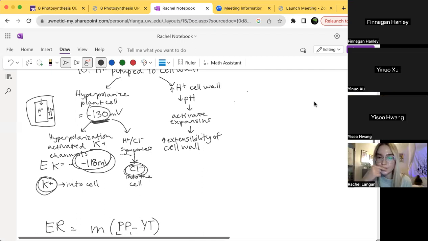My question is on the hydrogen pump. Is it on the cell wall itself? Well, it's on the cell membrane and it's pumping hydrogen into the cell wall.